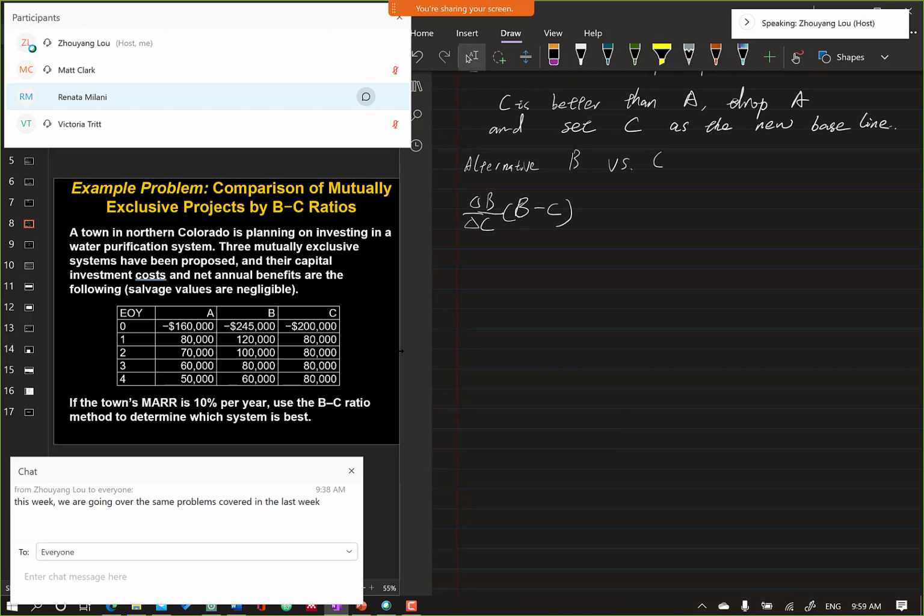So we drop down these numbers for the benefit part, because the benefit part is more complex, starting from years 1, 2, 3, 4.